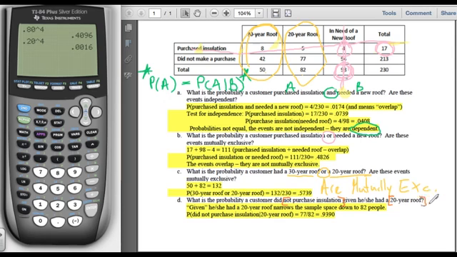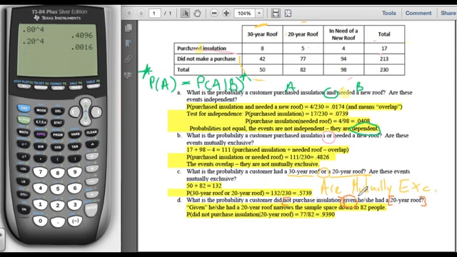But there's no and at all in the wording. You're not looking at the overlap of those 2. There's no or anywhere in the wording. So you're not going to add. The key word here is given. You are given the person had a 20-year roof.